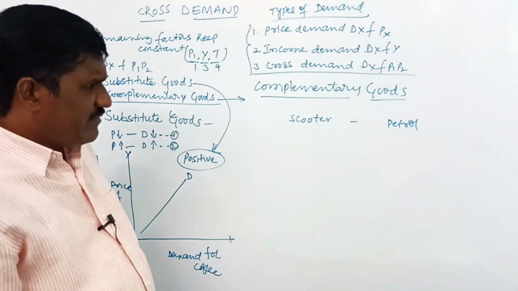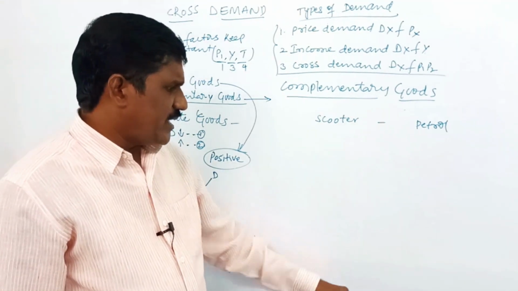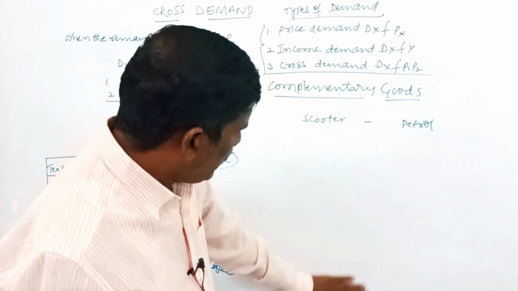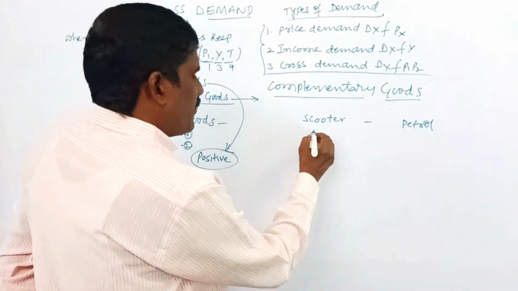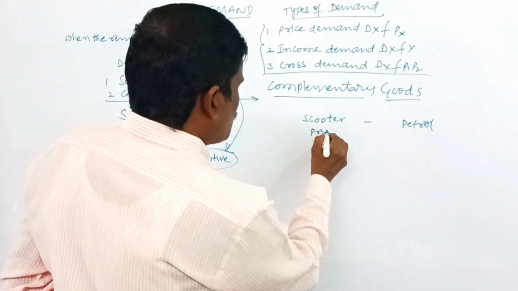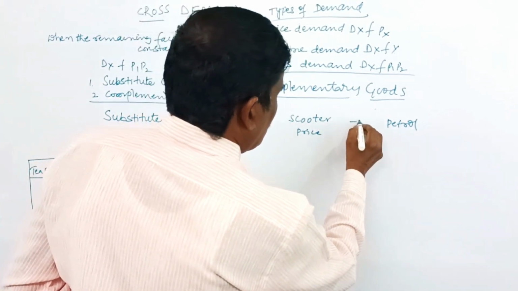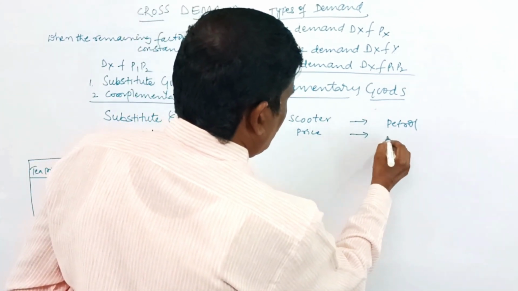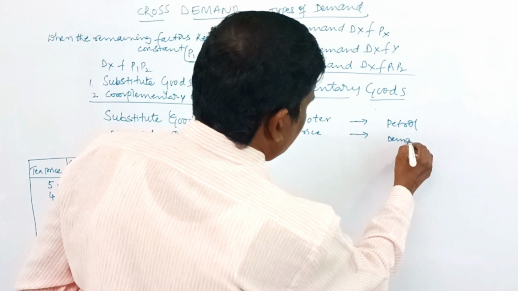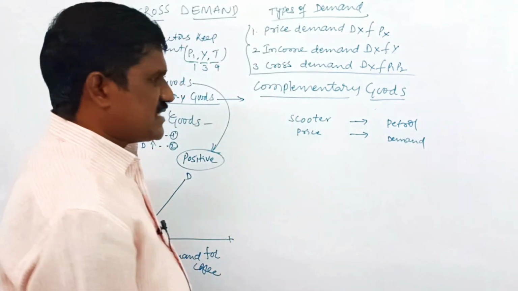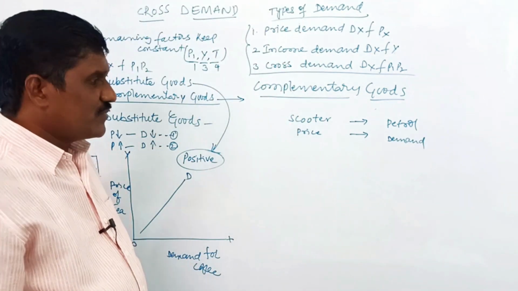The relationship between these two goods is a complementary relationship. Scooter and petrol are complementary goods. For example, price of scooter and demand for petrol.